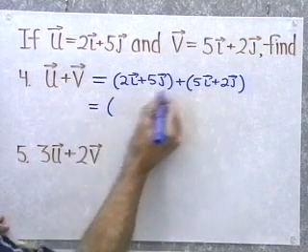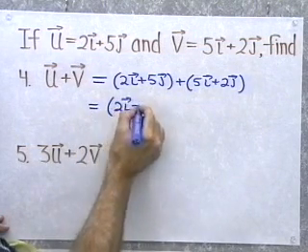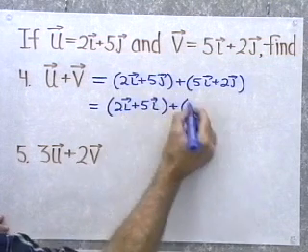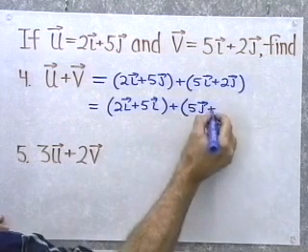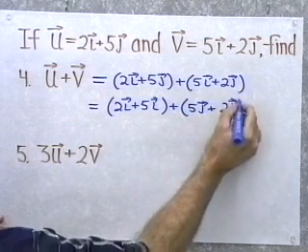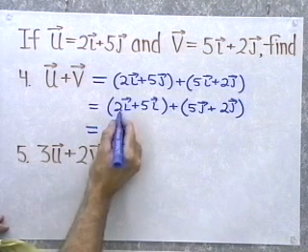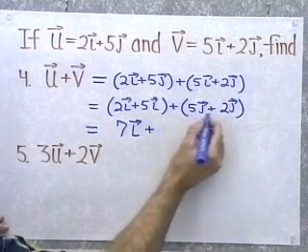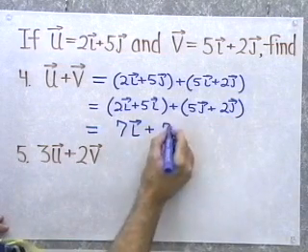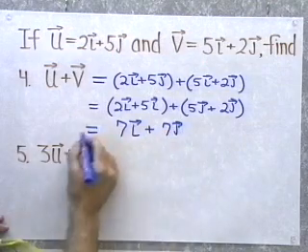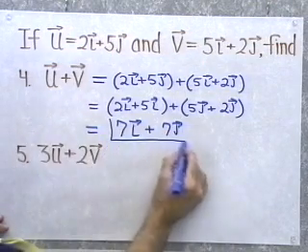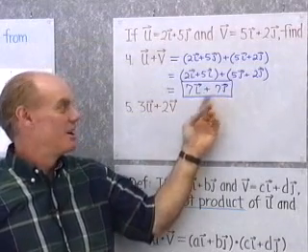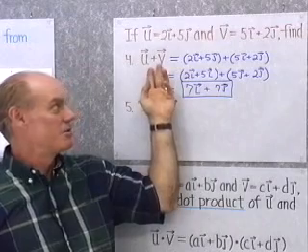This will be, let me just collect these here, 2i plus 5i, plus this is 5j, plus this 2j. So I think you can see pretty simply that's just going to be 2i plus 5i is 7i, plus 5j plus 2j is 7j. So the sum of u and v turns out to be a vector in component form 7i plus 7j. So you can see I have 7i plus 7j as the sum of these two vectors here.